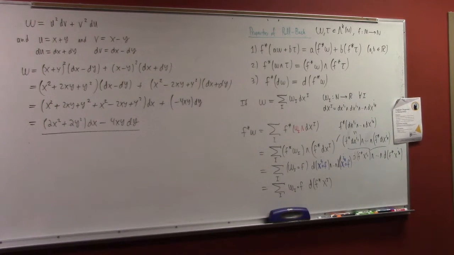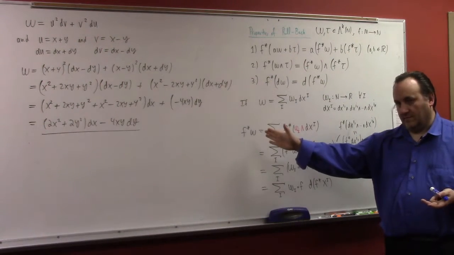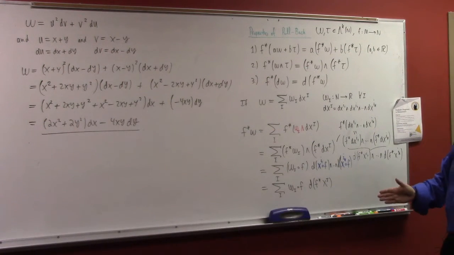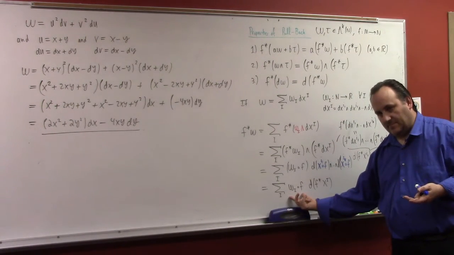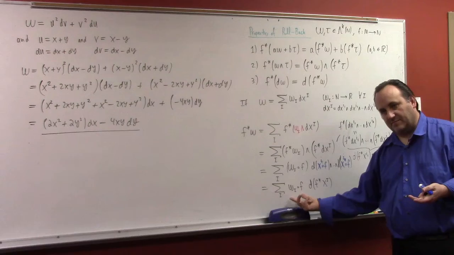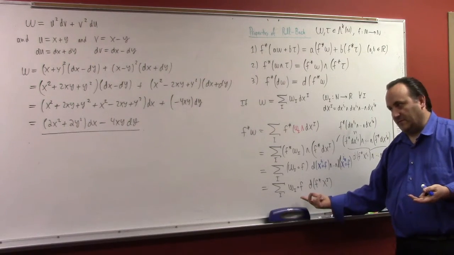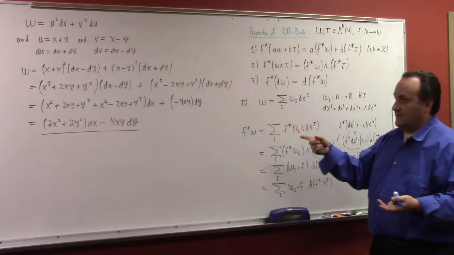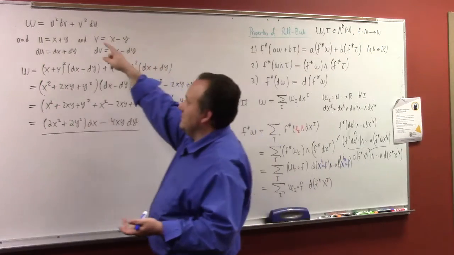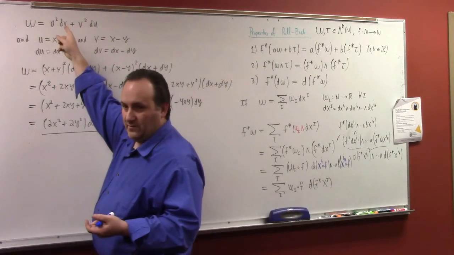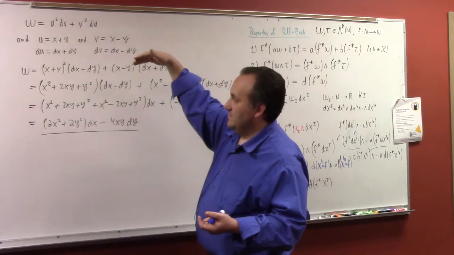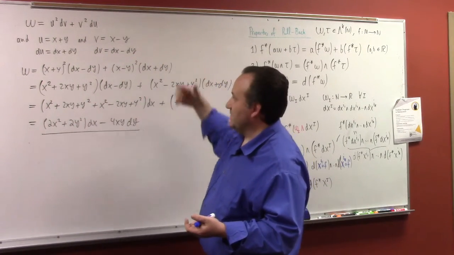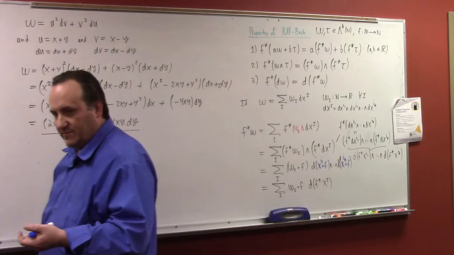What is this actually saying? It's saying you take the formula for omega and you substitute the formulas for f. That's what I did here. I took the formula for omega, u squared dv plus v squared du, and I plugged in f1 and f2, which were x plus y and x minus y.